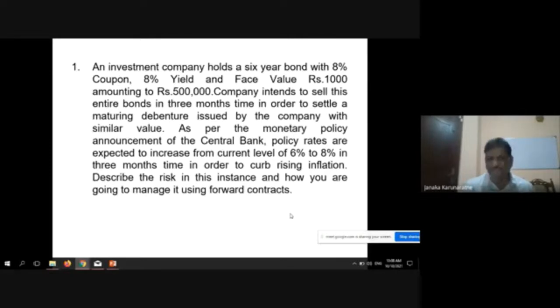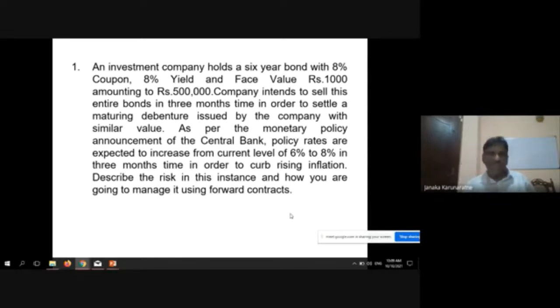What you have to do? Very simple. This is what you have to understand. You are the risk manager, this is the scenario given. What is the risk? What do you have to do? You have discussed futures long enough now. The concept is the same. The difference is the type of instrument. Earlier futures, now forward. Micro hedging.